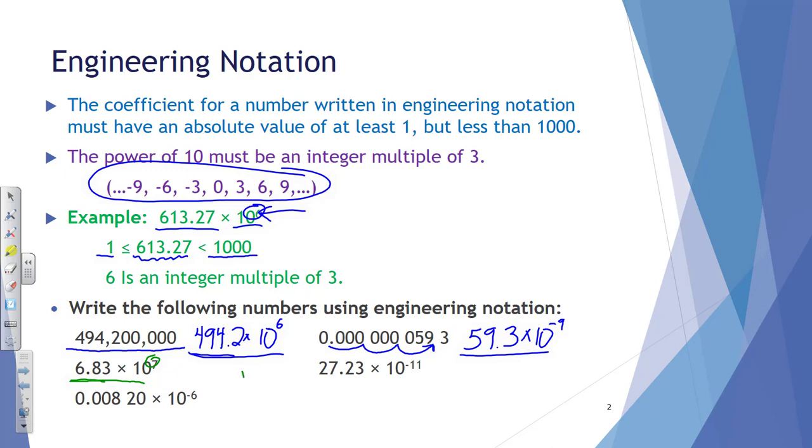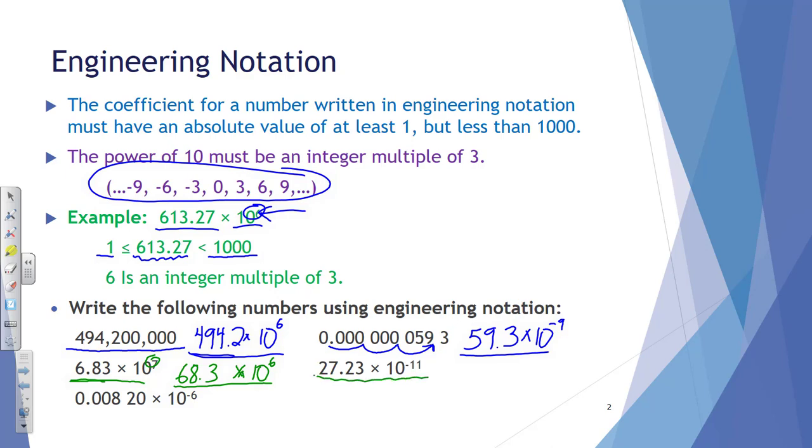So we're going to change our exponent to a 6. Since we're dropping our exponent down 1 to a multiple of 3, that means our coefficient has to get 1 spot bigger, and it becomes 68.3 times 10 to the 6th. And we've got this in engineering notation.